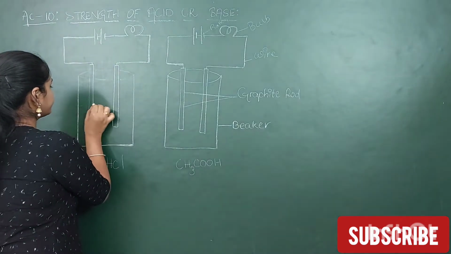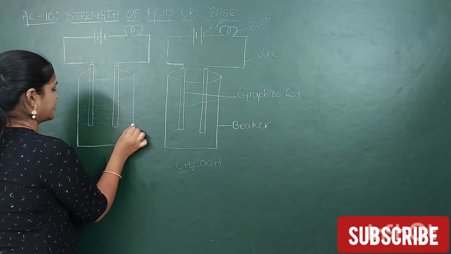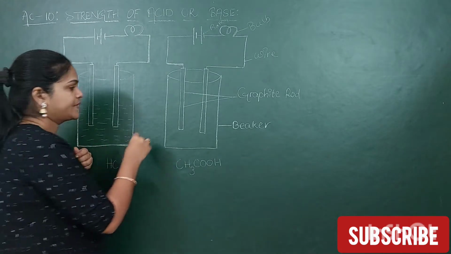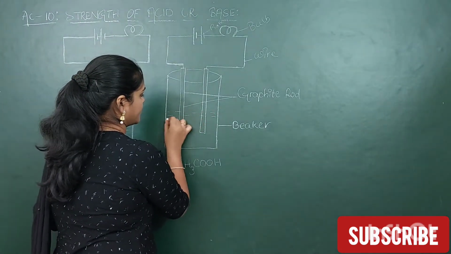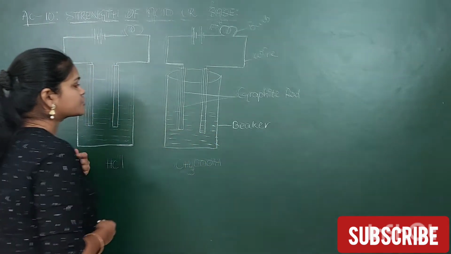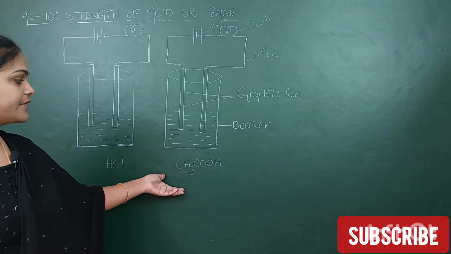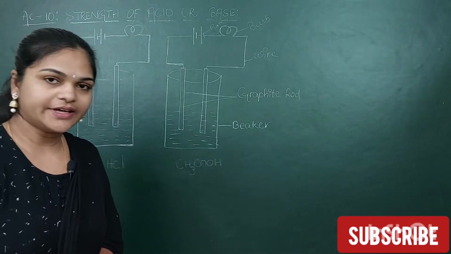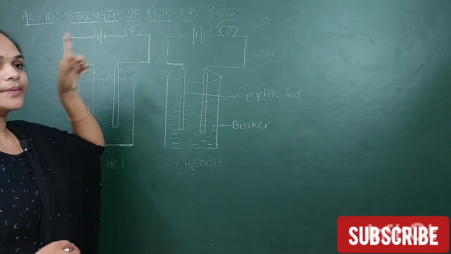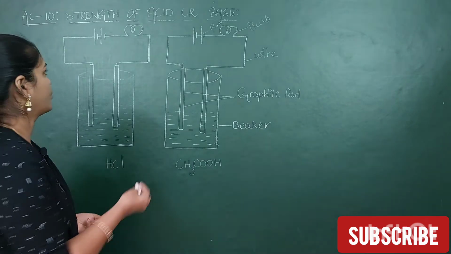So when you take HCl solution in this beaker, what happens? Let's see. In one beaker you have taken HCl solution, in the second beaker you have taken CH3COOH solution. When you take this HCl solution, will the bulb glow? Yes, the bulb will start to glow.